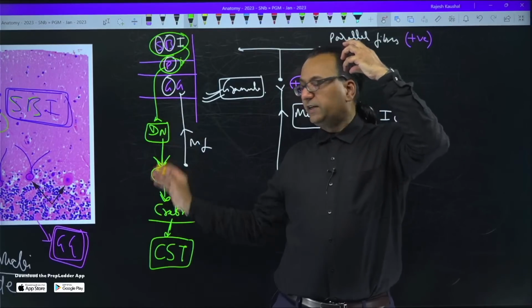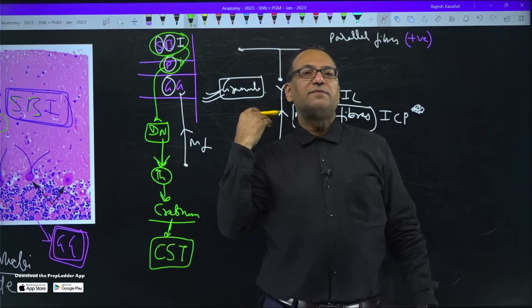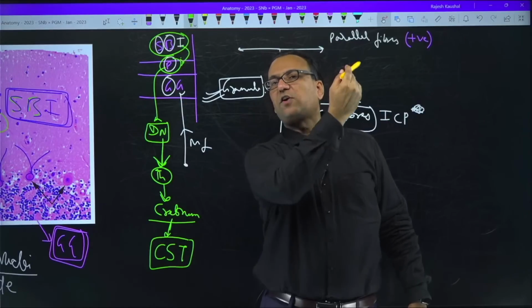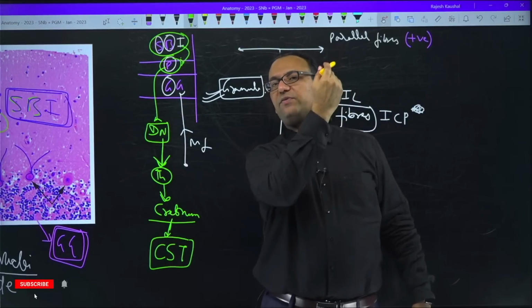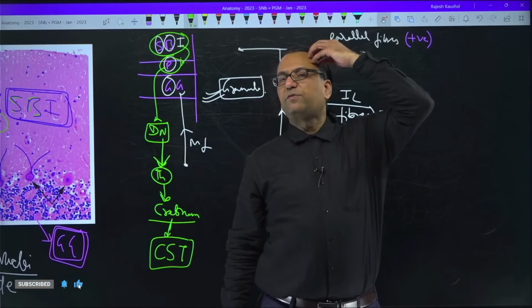So they have decussated. If I am talking about right lower limb, right cerebellum, which thalamus would have been activated? Left thalamus. Where is this crossing? Superior cerebellar peduncle, that is at the level of inferior colliculus. And then this brain is activated. This brain will send which pathway down?